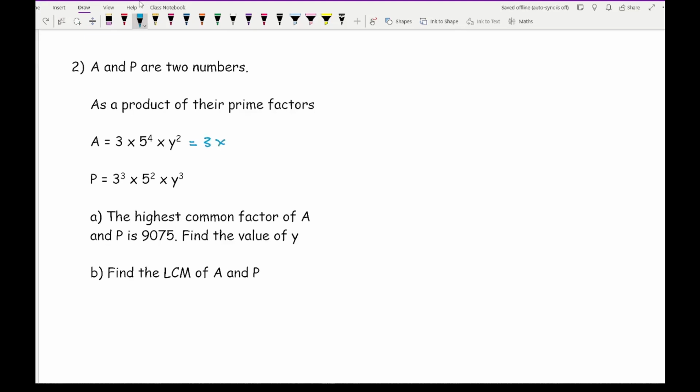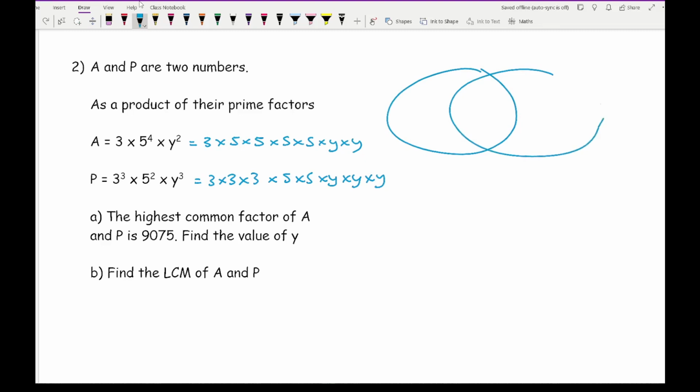So first things first, let's write these as a product of their primes, ignoring the powers. So I've got 3 times, and I've got 4 5's, and I've got 2 y's, and then for p I've got 3 3's, I've got 2 5's and 3 y's. So then drawing my Venn diagram, I've got a and I've got p.